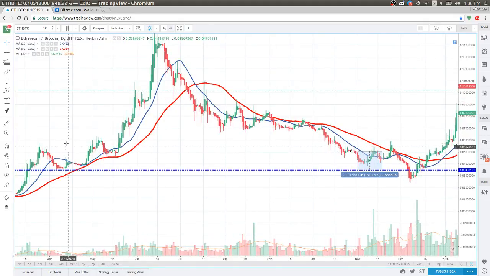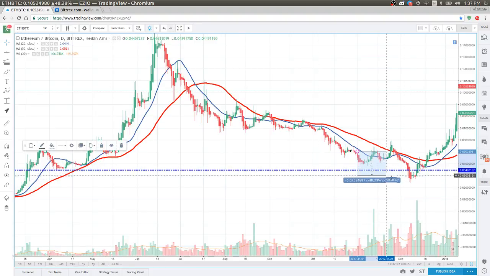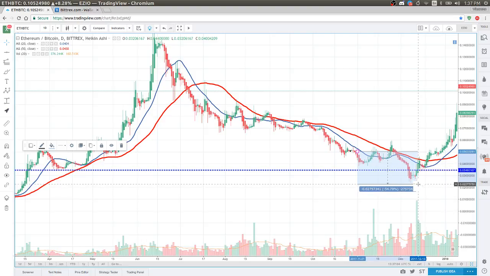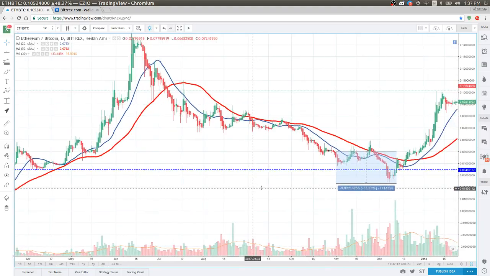Probably can drop to this support line and even drop more, right? So if you would have held it, you would have ended up losing 50%, even though of course after it would have gone up. But you could have panicked and sold, no problem, right? So by looking at the BTC market, you would have sold, probably, right? Because you thought it would have gone down.